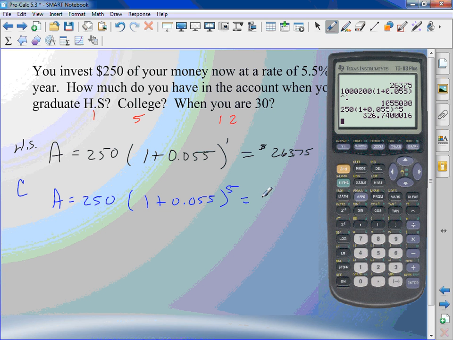So when you graduate college, that $250 would now become $326.74. I want you to find out how much money would be in there when you're 30.